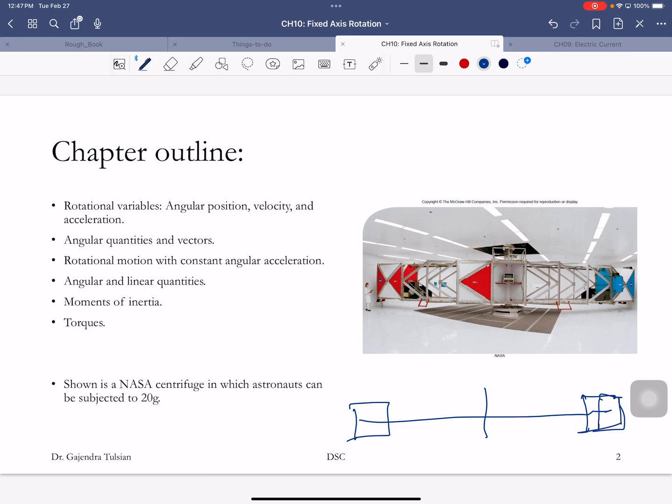We'll put an astronaut in here, there's the head and there are the legs. If you spin the astronaut at 20 g acceleration, what would happen? All the blood will go into their feet, and you can make them pass out.